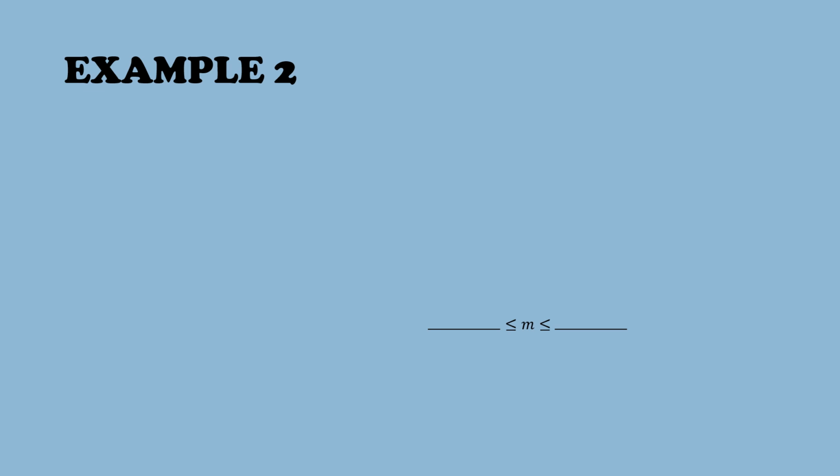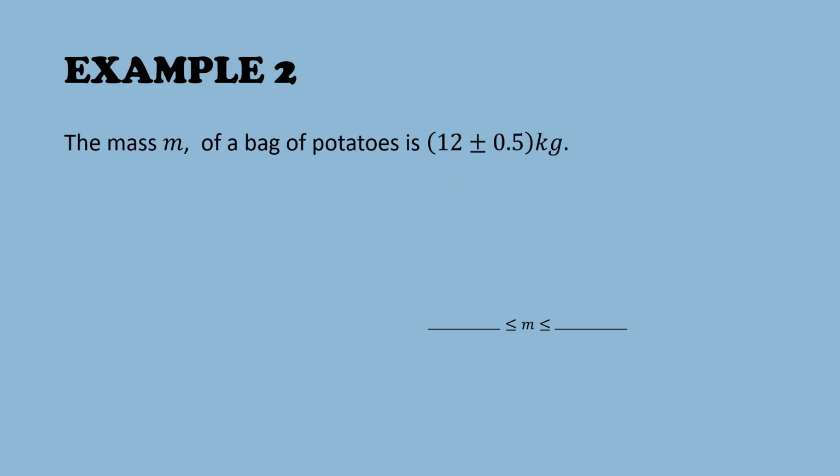Let's jump into example 2. This might happen to be our last example. The mass M of a bag of potatoes is 12 plus minus 0.5 in brackets kgs. Calculate the upper limit.